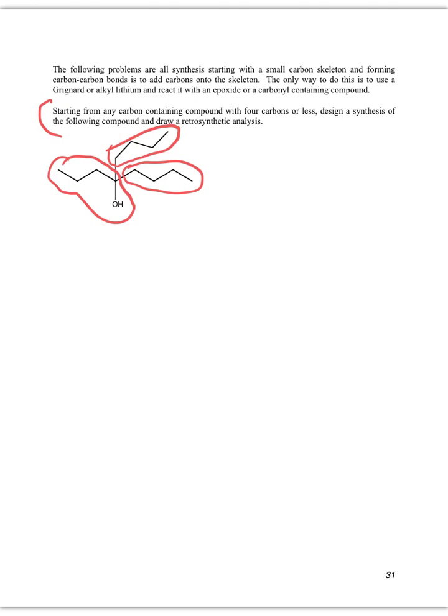So this is going to be a couple of reactions where we have to form a carbon-carbon bond, and the only way we can form a carbon-carbon bond, we have said it in class, and we'll say it here, is adding a Grignard or an alkyl lithium.